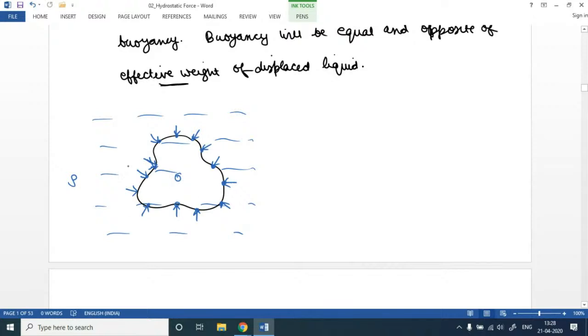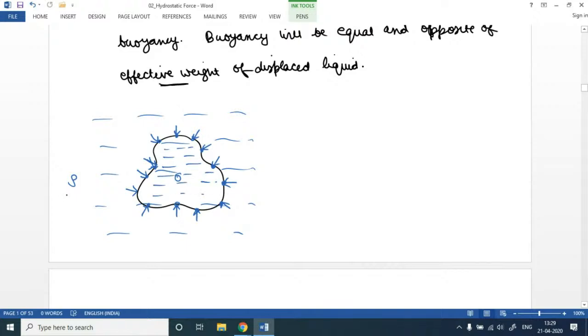This pressure profile will depend only upon the surrounding liquid. So the force exerted by the liquid will not depend upon the submerged body itself, but will only depend upon the external liquid.